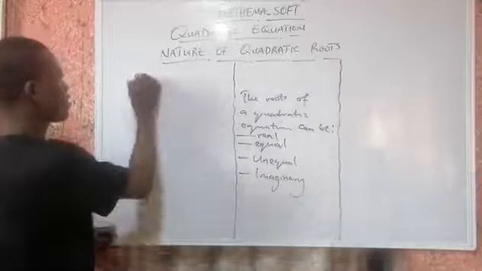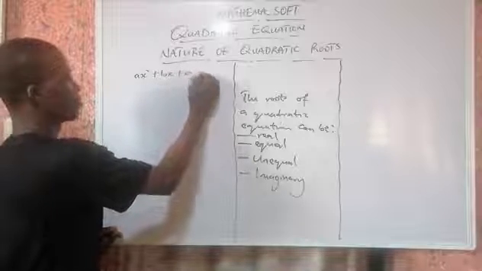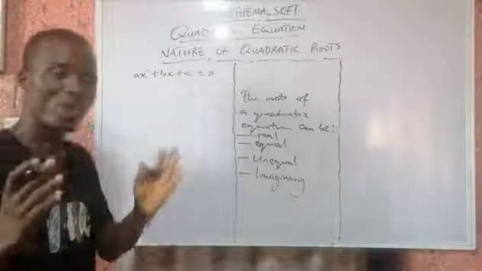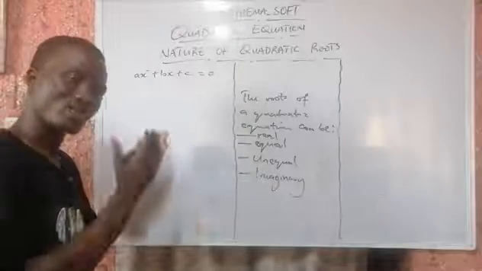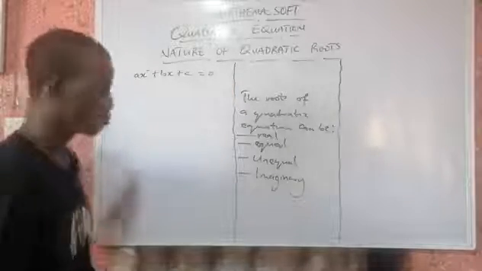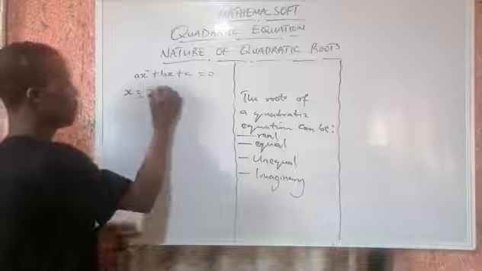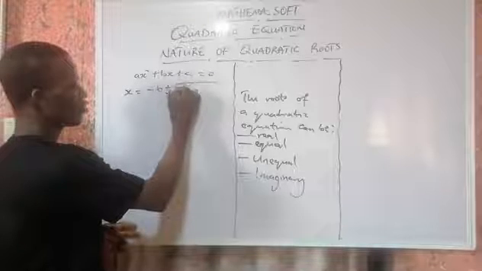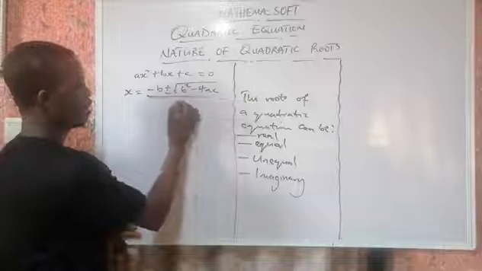From the general form of the quadratic equation, using the completing the square method, which we have done in some of our classes under quadratic equation, we generated the quadratic formula: minus b plus or minus root b squared minus 4ac, all over 2a.